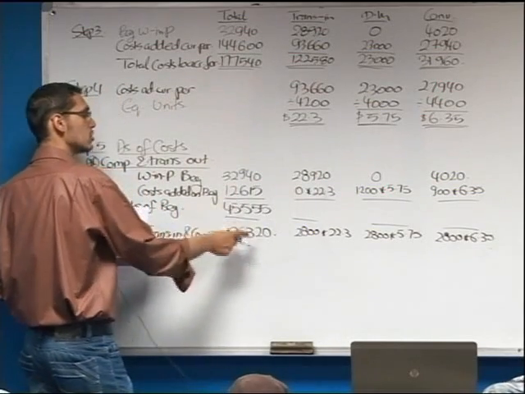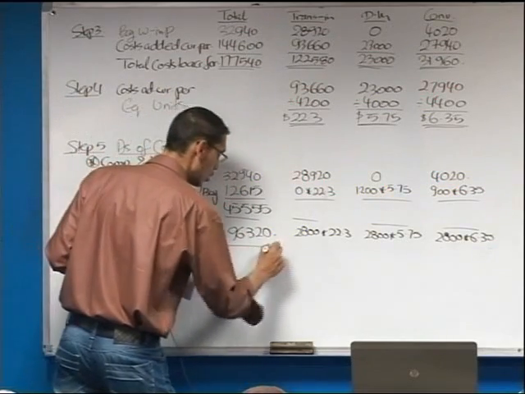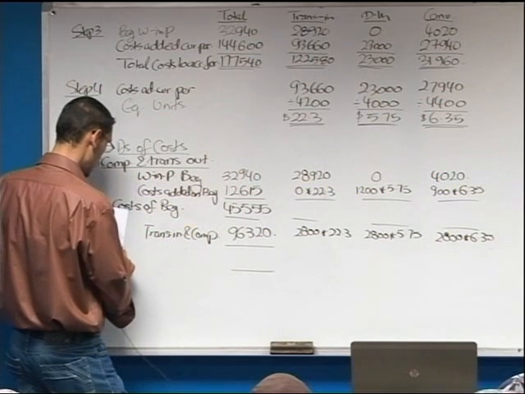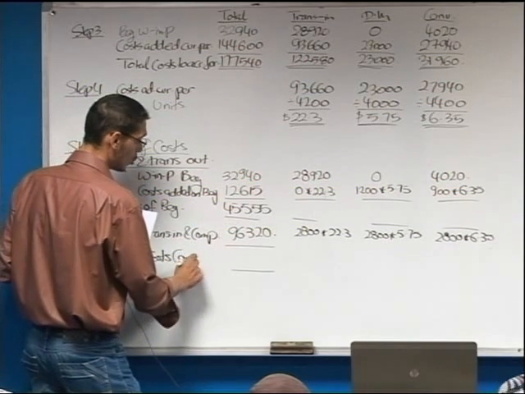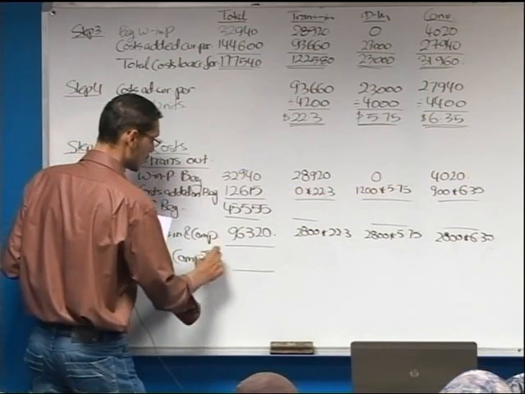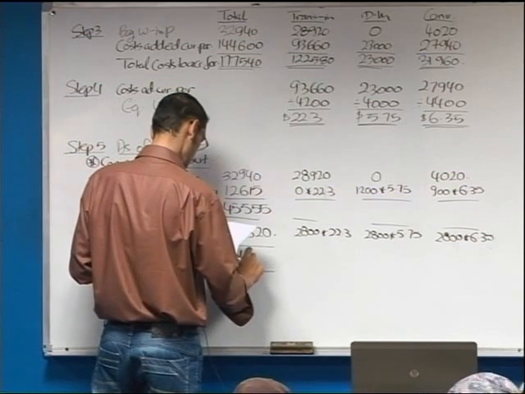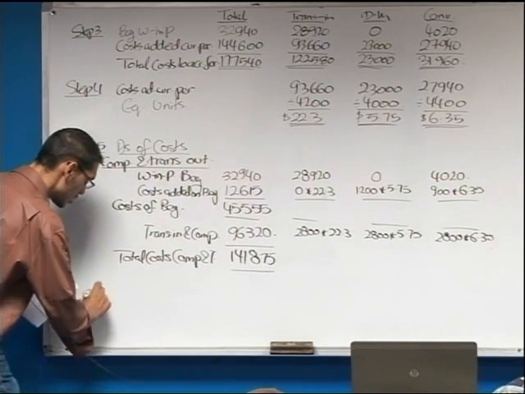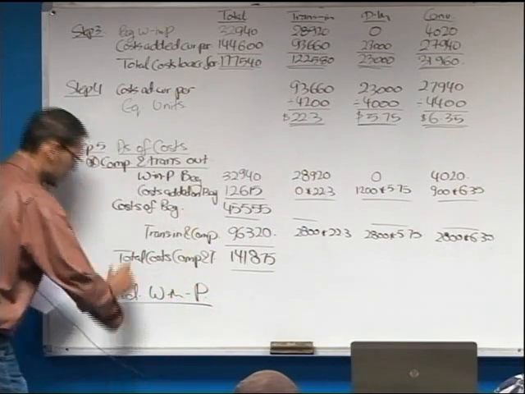The addition of these two numbers, the 45,555 and the 96,320, will give us the cost of the completed and transferred out, by the amount of 141,875.